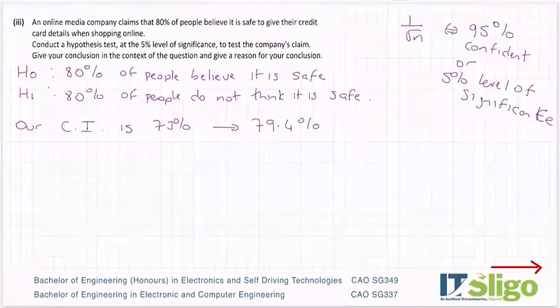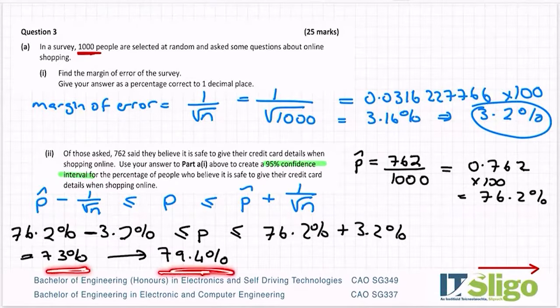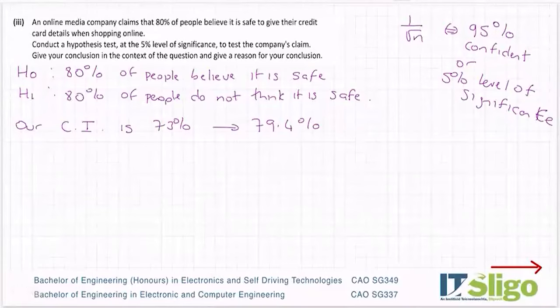Okay, that was the confidence interval we established in part 2. So from the population, we're saying 73 to 79.4% thinks it's safe. My question to you then now is this online media company, is their claim true? Okay, and the answer is no, it's not.